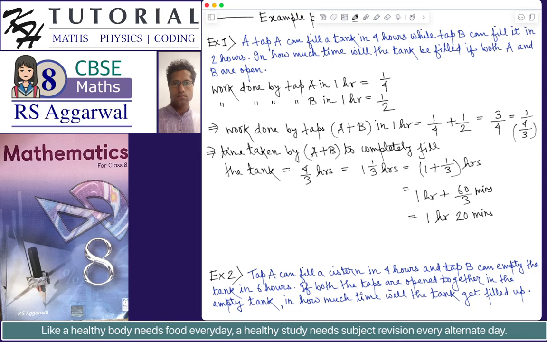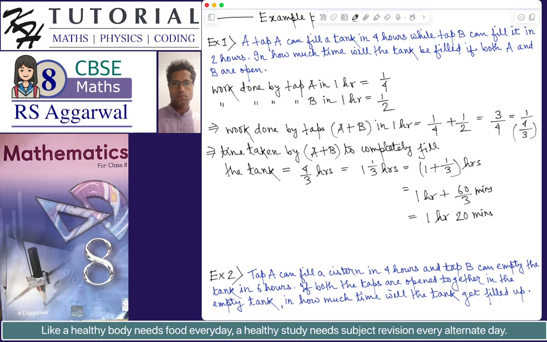Remember that work done means it is either filling the tank or emptying the tank. Since the work done is positive, it is filling the tank. So we can say that the complete tank will be filled in 4 by 3 hours.